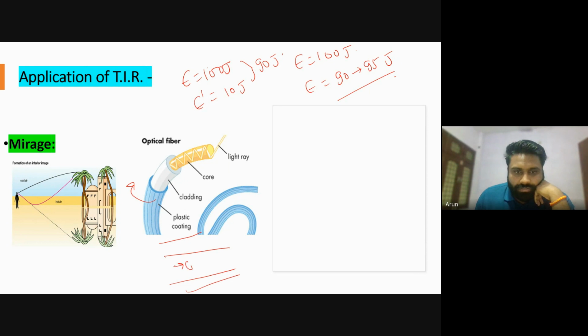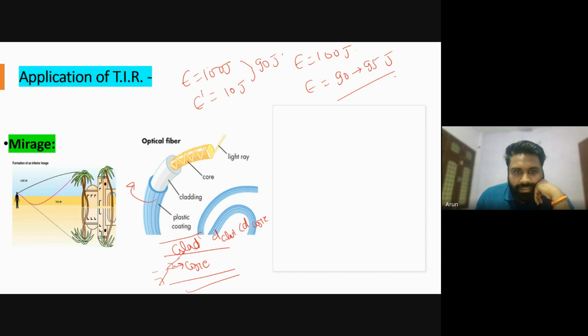This is core and this is clad. A ray is coming from outside, bending towards the normal. The density of clad is less than the density of core.